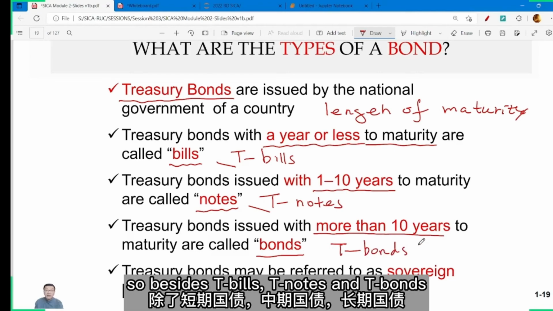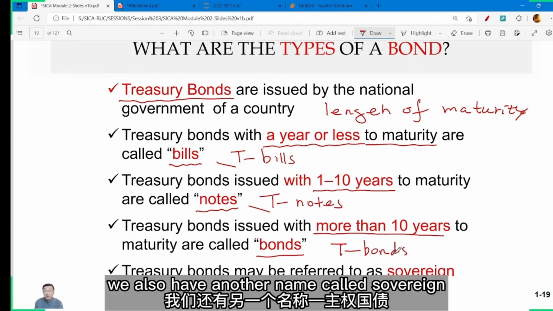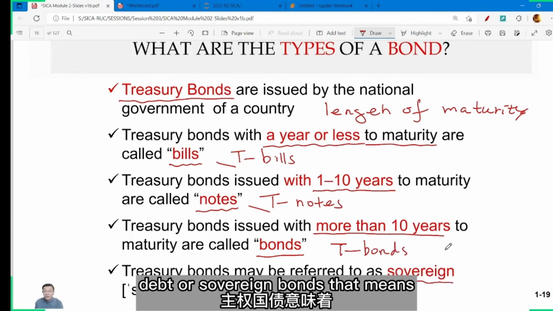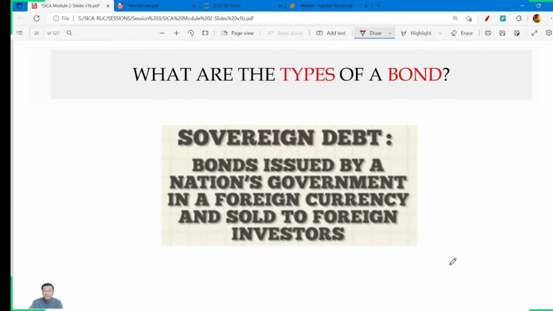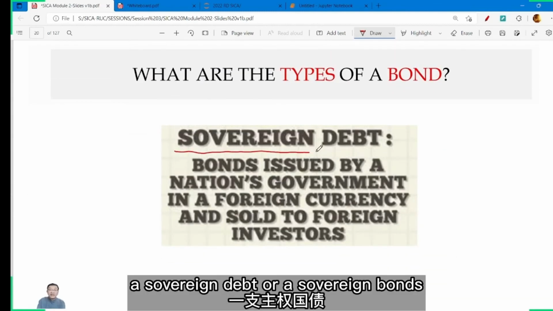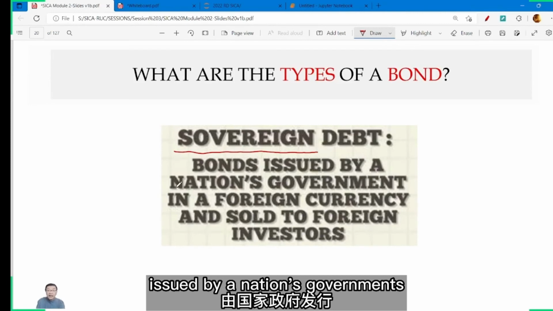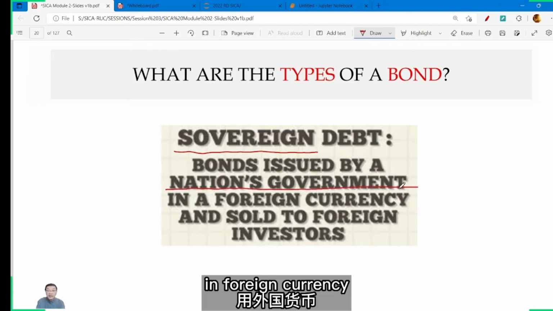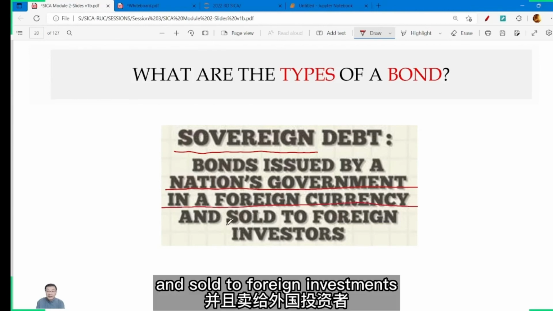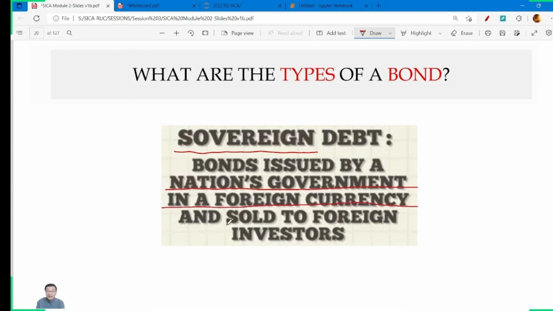So besides T-bills, T-notes, and T-bonds, we also have another name called sovereign debt or sovereign bonds. That means a sovereign debt or sovereign bond is issued by a nation's government in foreign currency and sold to foreign investors.